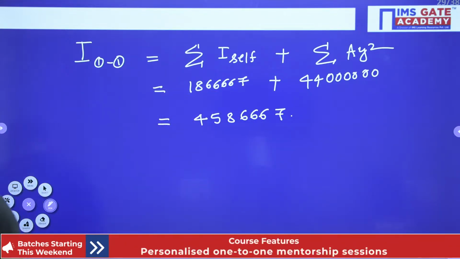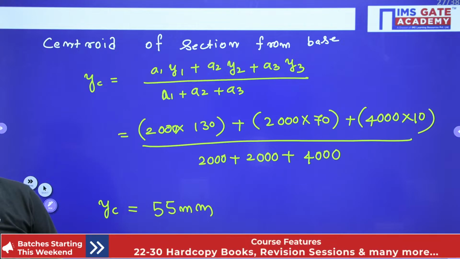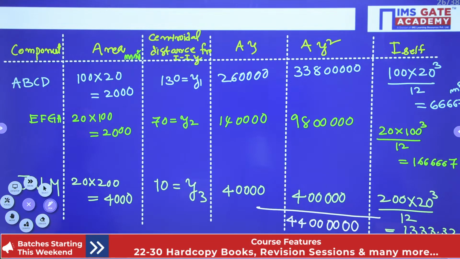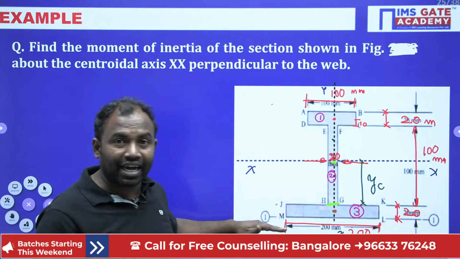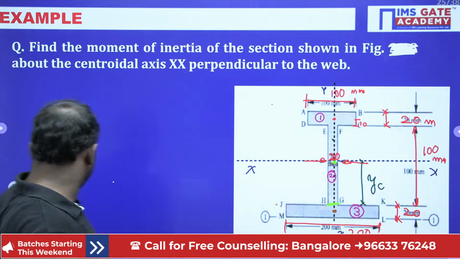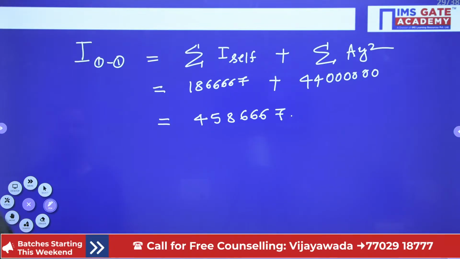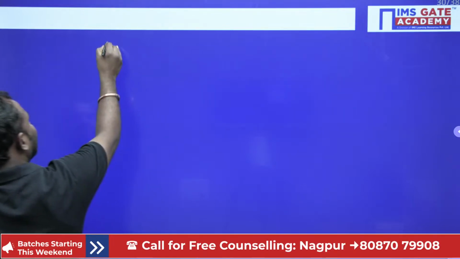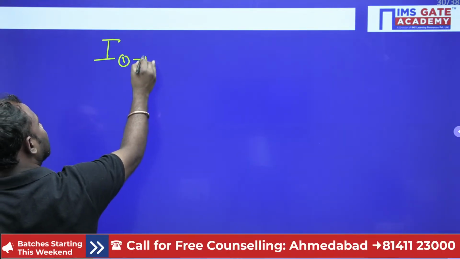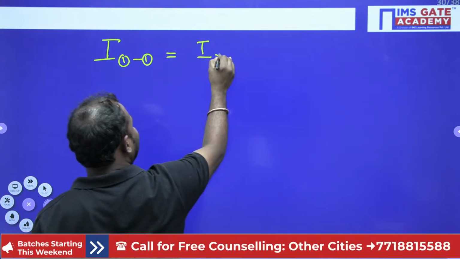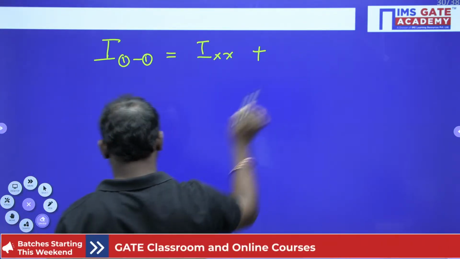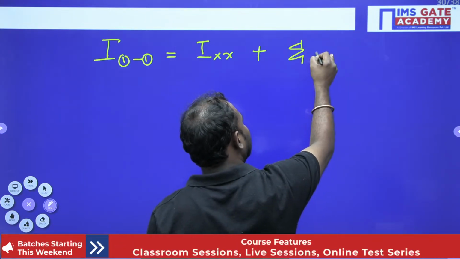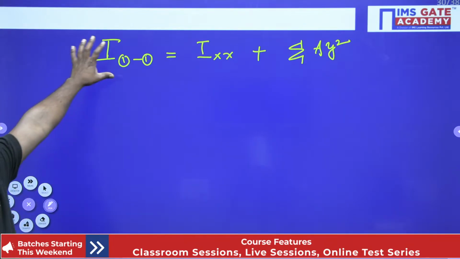All right, now let us go for I XX. If I apply the parallel axis theorem here, I need the moment of inertia about the centroidal axis, and I got the moment of inertia from the base. According to the parallel axis theorem, I base is equal to IXX plus sigma AY square. Now I know sigma AY square.